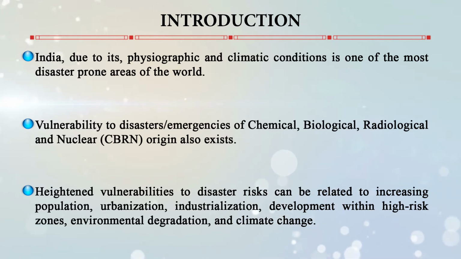For example, in the coastal areas there is high development. Then environmental degradation. We are deforesting many of the forested lands, occupying them and using them for our own purposes. And then climate change. All these are making the country more vulnerable to natural hazards as well as disasters.